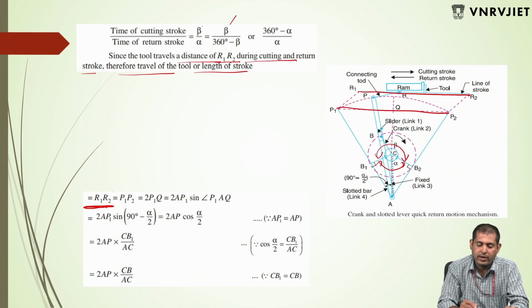The same we are going to write as 2 P1Q, or QP2. Now the same P1Q we are going to write as 2 AP1 sine of angle P1AQ.